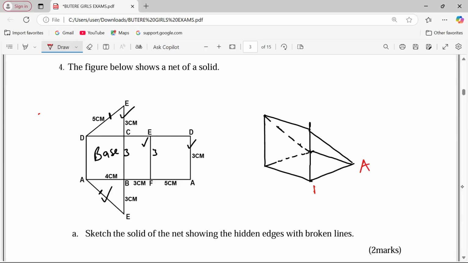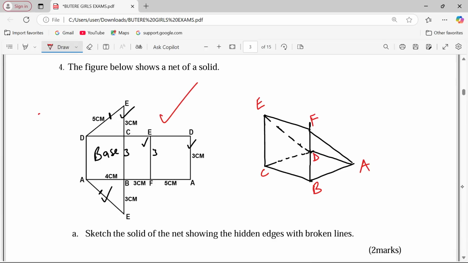Then from CD, we can get E at this point and F at this other point. So now this is the solid, which when opened, we get this net.